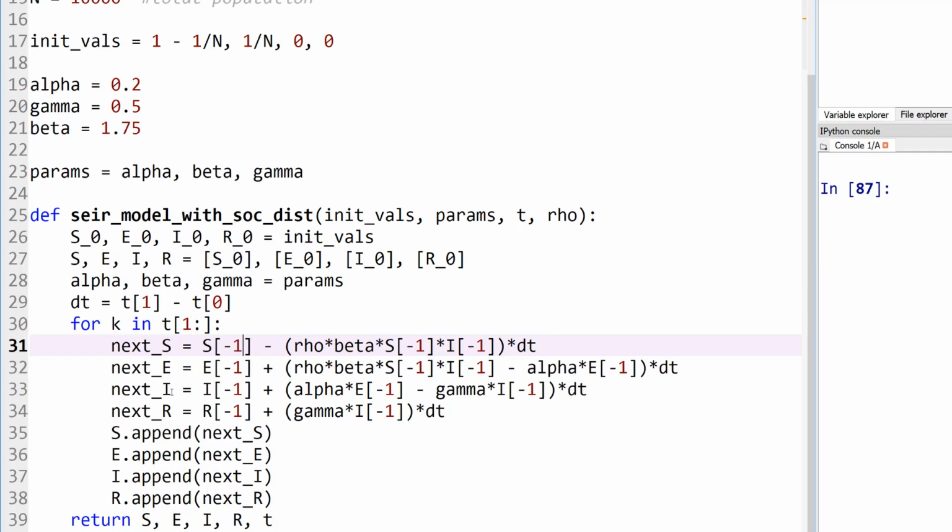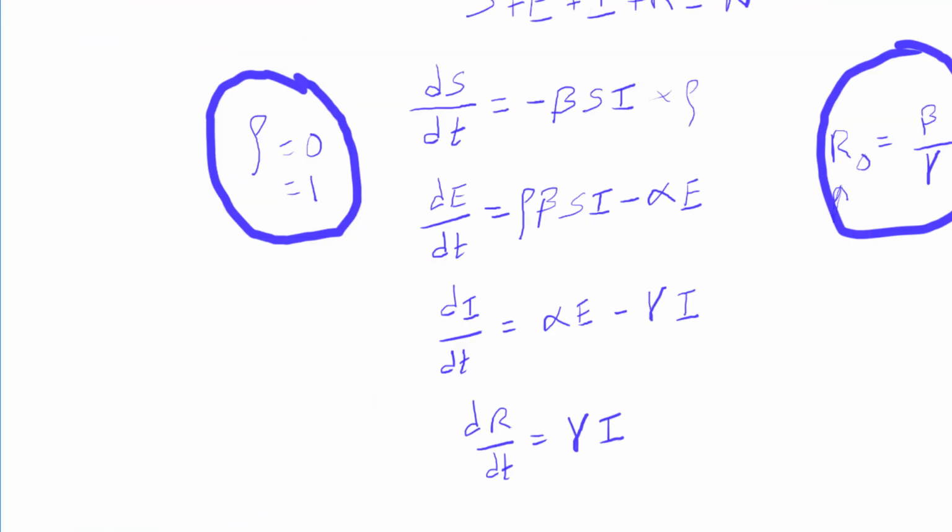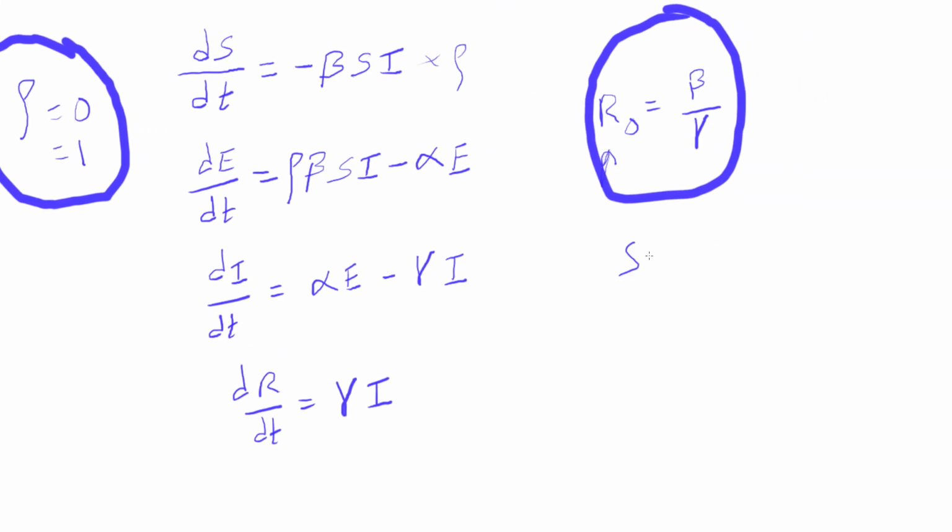After every calculation, we are appending those values into a list. In other words, for those of you who are non-programmers, initially my s starts off with some value, and then the next time I add another value, and the next time another value.